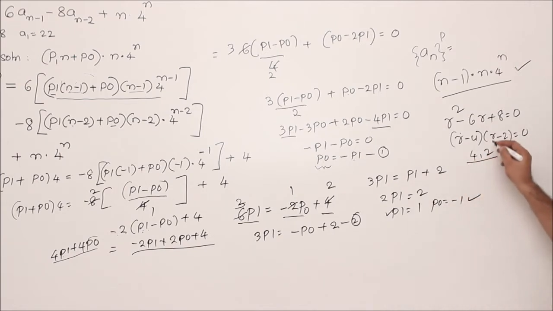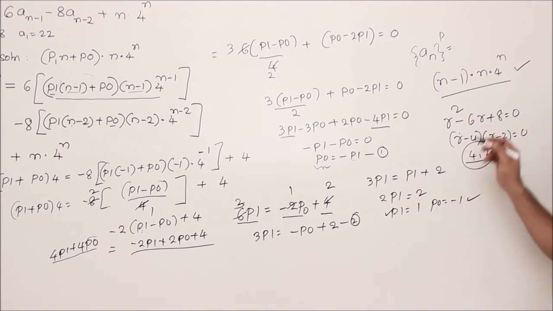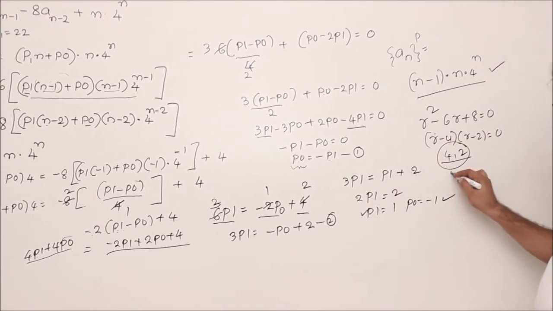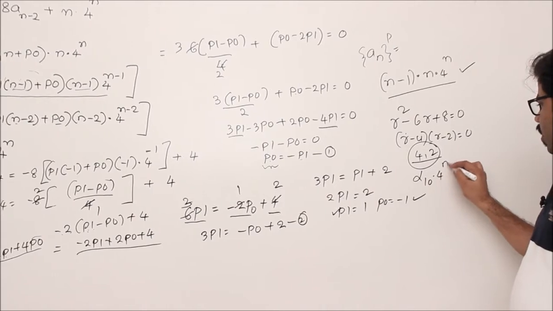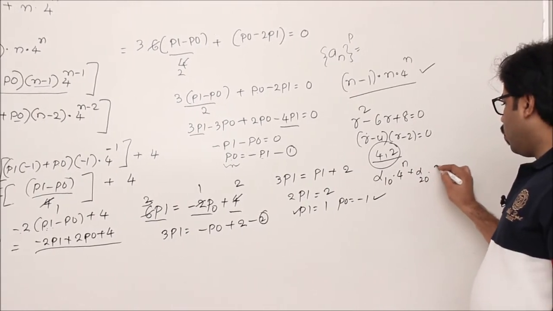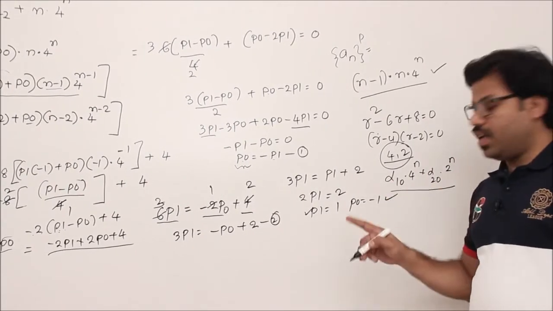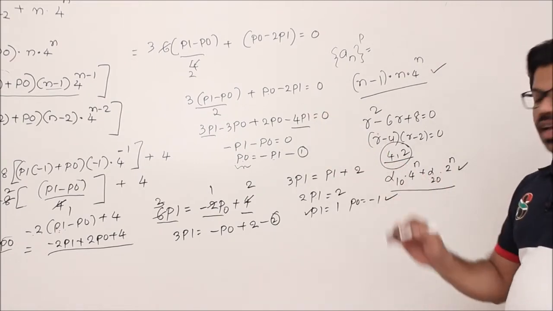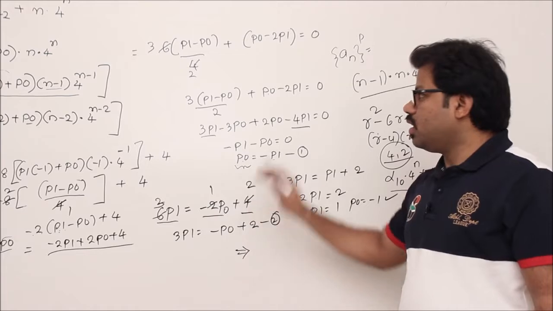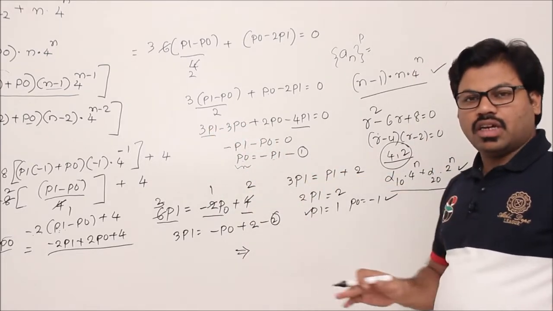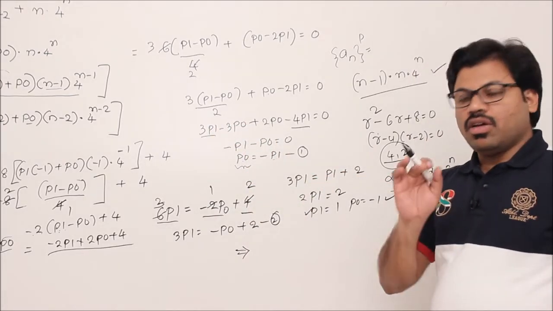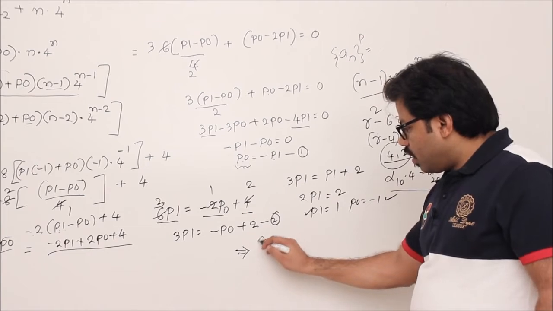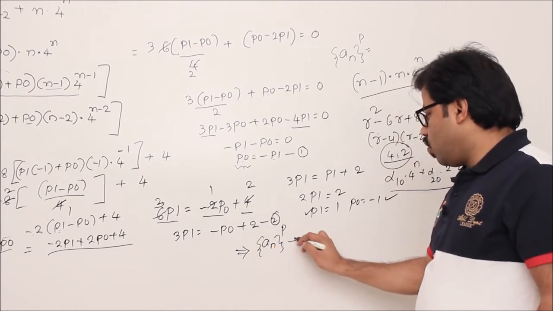Then for this problem, the homogeneous solution is alpha 10 into 4 power n plus alpha 20 into 2 power n. We already did it in the previous problem. So the final answer, that means the solution to the recurrence relation, always remember, is particular solution plus homogeneous solution.